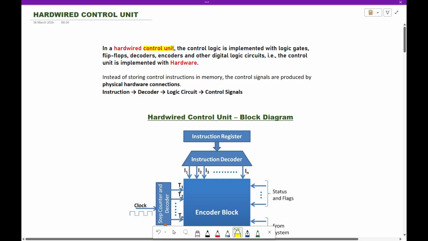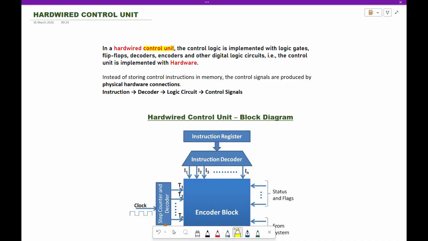Control unit is a part of central processing unit which acts as a brain of processor. All the operations which are executed inside the system are controlled by the control unit.